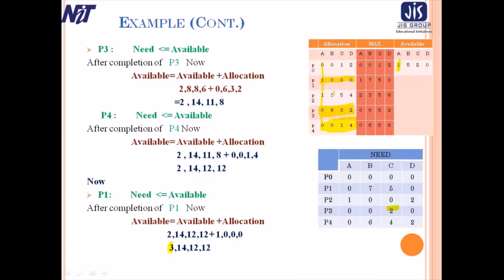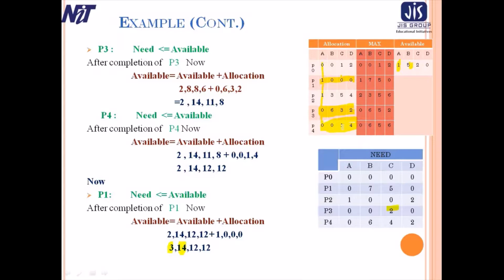Here 6 and 3, 9 instances are held by P2 and P3, and we have 5 free. So 9 plus 5, we have a maximum of 14 instances of B type in our system. Again check the C type of resource: at the beginning 1 instance for P0, 5 instances for P2, 3 instances for P3 and 1 instance for P4.